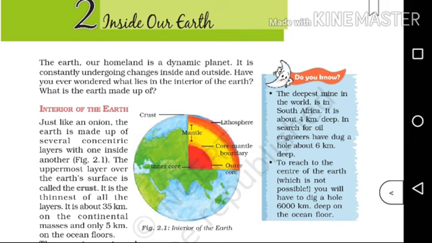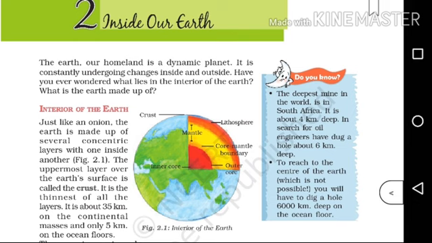In this image itself we can see the interior of Earth, the outermost layer. It is known as crust. So this uppermost or outermost layer of the Earth is known as crust, and it is 35 km thick over the continental mass and 5 km thick over the ocean floor.